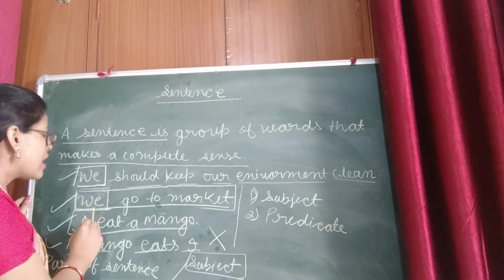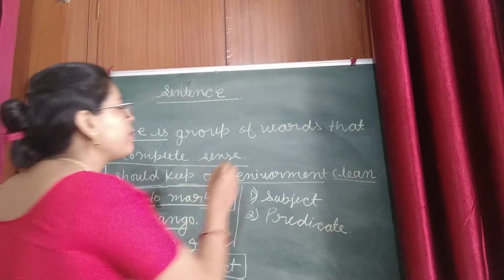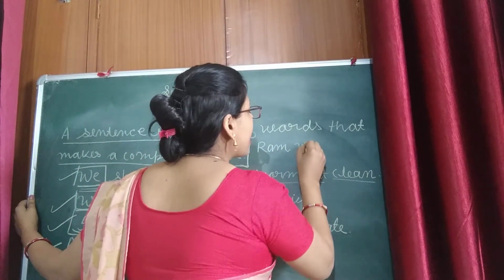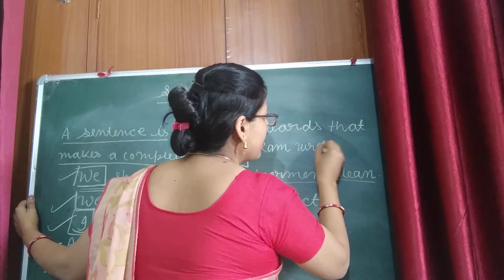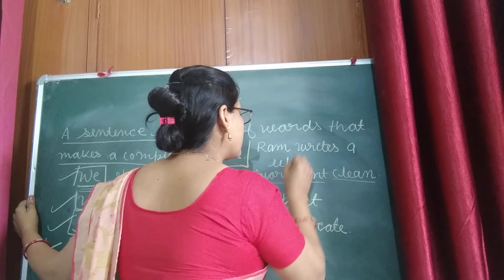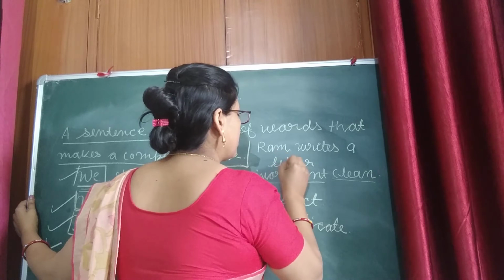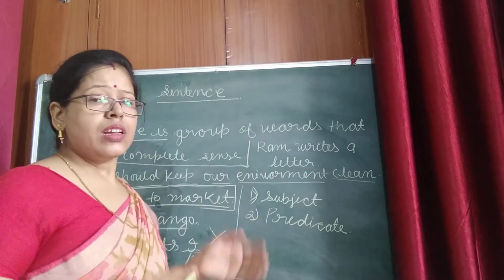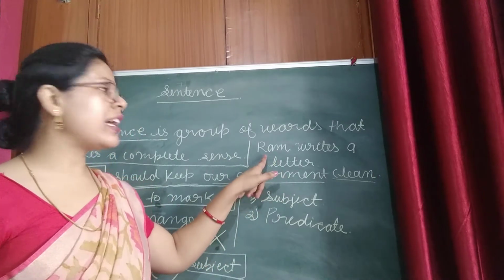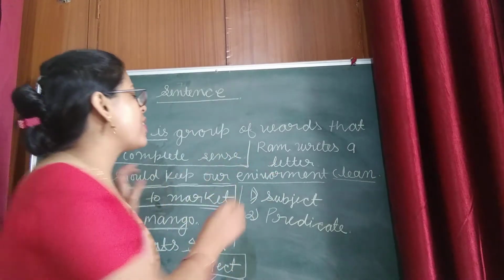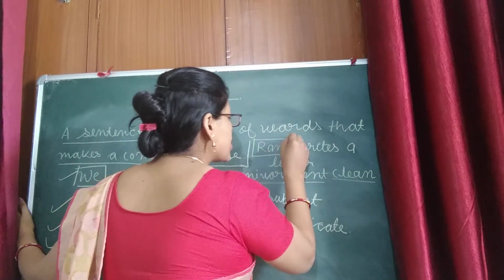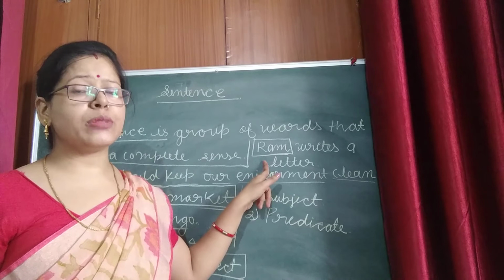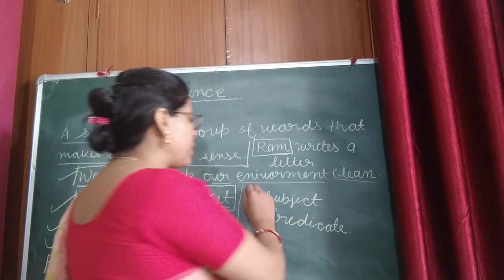I. If I write here, Ram writes a letter, who writes a letter here? Ram. The work of writing is being done by Ram, and that is why Ram is the doer of the action. And if he is the doer of the action, then it is the subject.